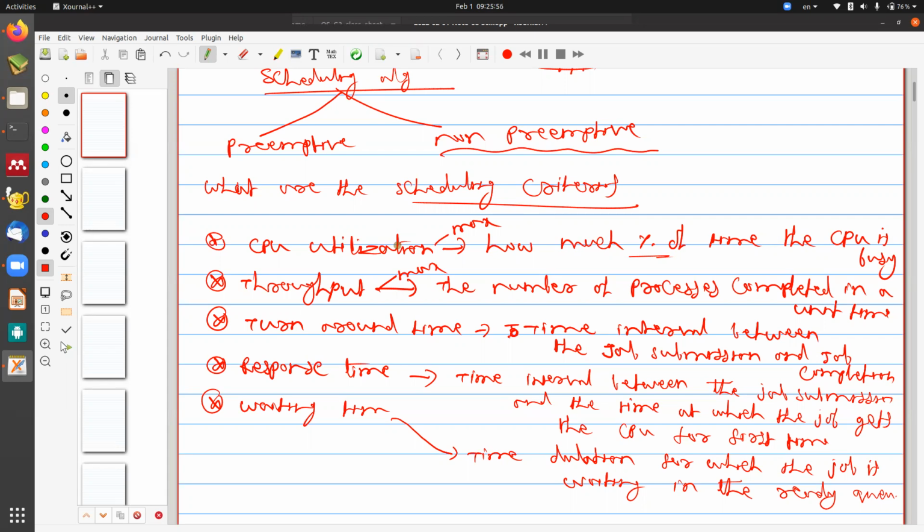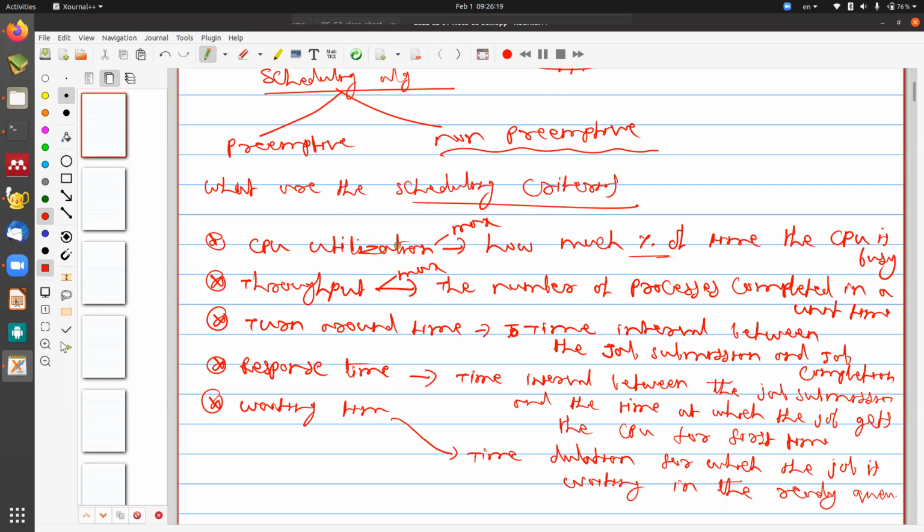I'll give you an example, so there is no need to remember the definitions. Suppose I am working in the college. I enter my department at 7 o'clock, and after that I sit in my room. I go to class, take class for 2-3 hours.